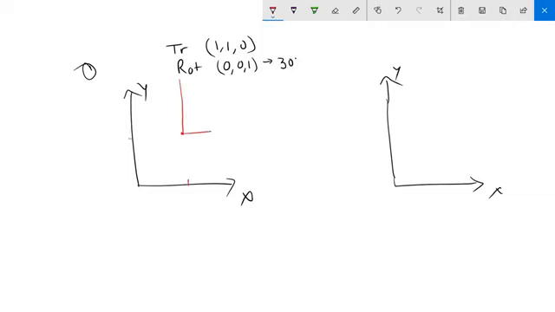This will become my new coordinate system, x prime and y prime. Now I'll rotate it along this axis by 30 degrees. This will become my new coordinate system, which I'll call x double prime and y double prime. This is the final coordinate system. And now if I draw the square at point 1 comma 1 according to this coordinate system, it will be drawn here.